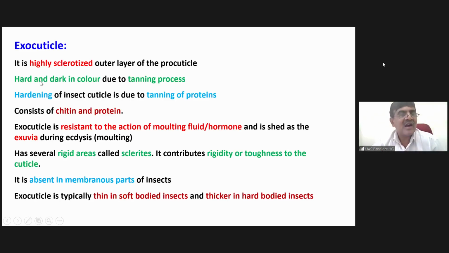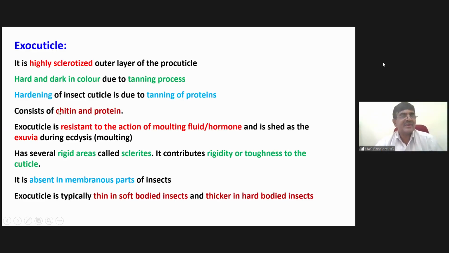Usually it is hard and darker in color, mainly due to the tanning process. Hardening of the insect cuticle is due to the tanning process of the proteins.